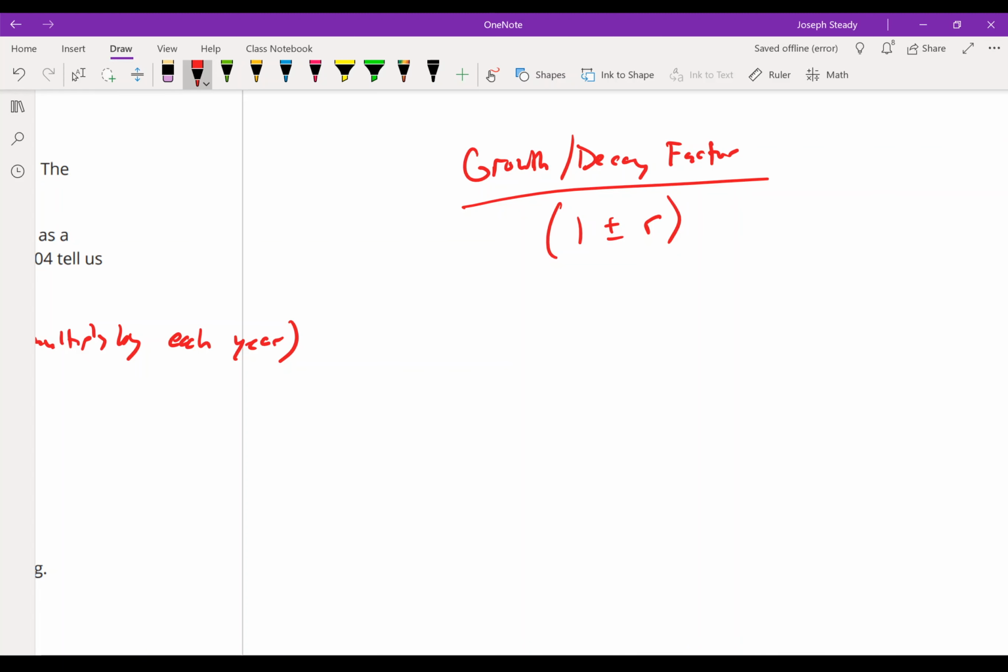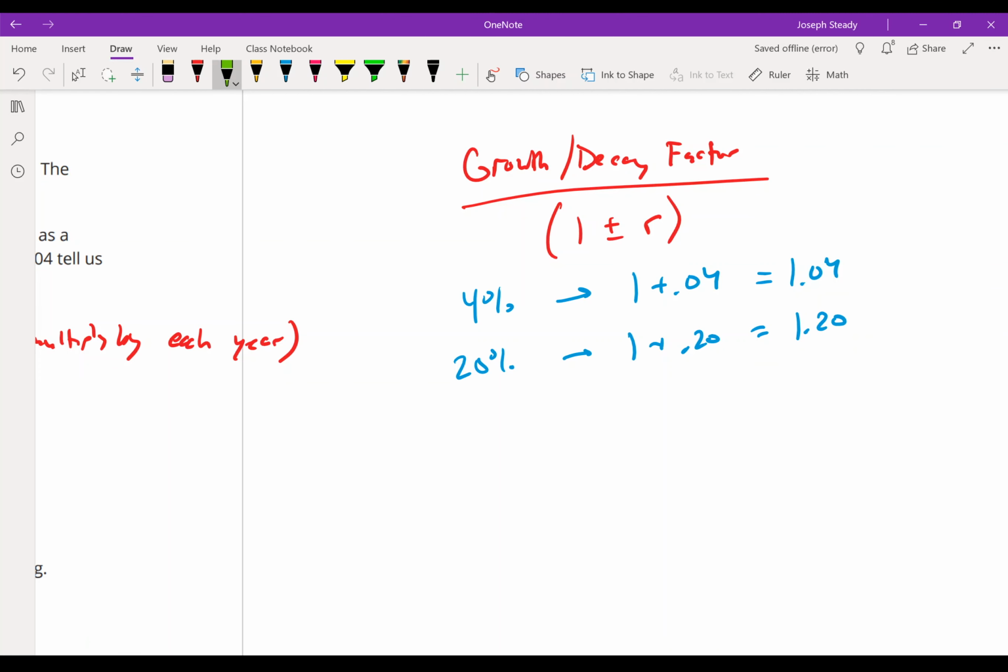It's going to be a plus if it's growing, and a minus if it's decaying, if it's going down. Like we just looked at one example, that 4%, I turned into 1 plus 0.04, or 1.04. Let's say it was going up by 20%. Well, that would be 1 plus 0.20, or 1.2.